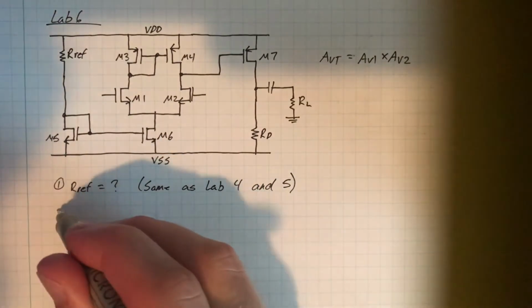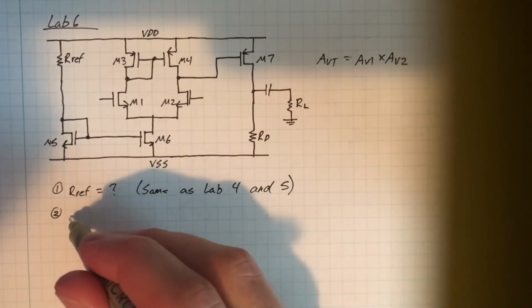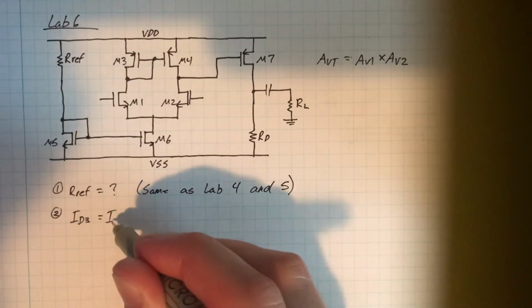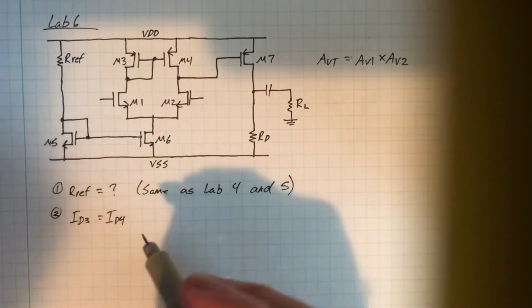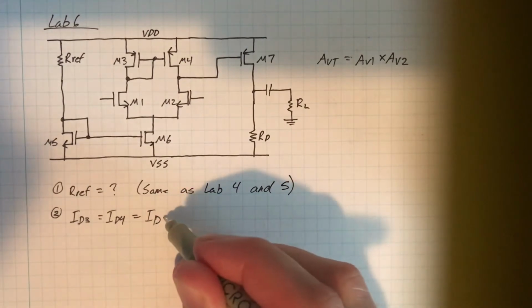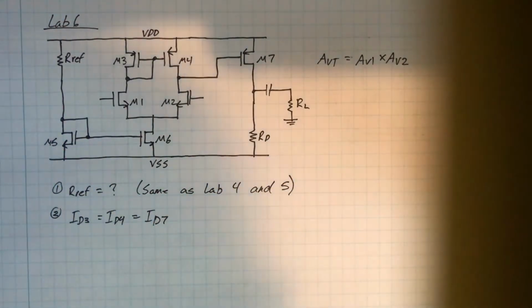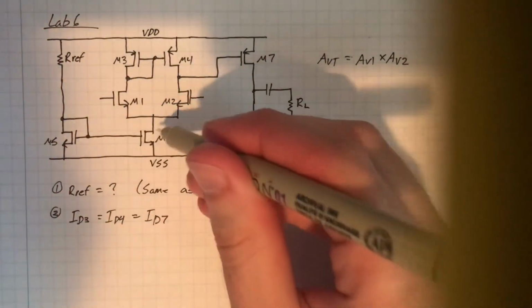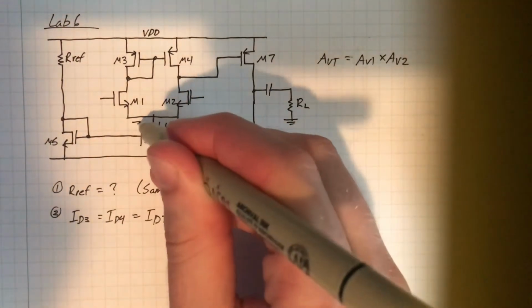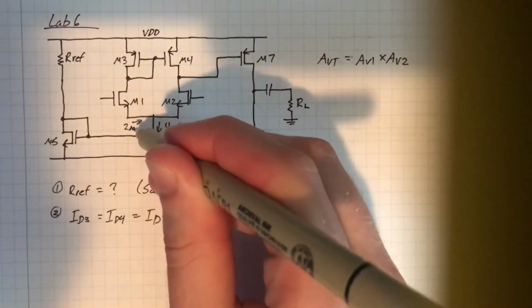So if everything is matched well, ID3 is equal to ID4, and that will also equal ID7. But keep in mind that there was 4 milliamps here, which means 2 milliamps goes to each side.